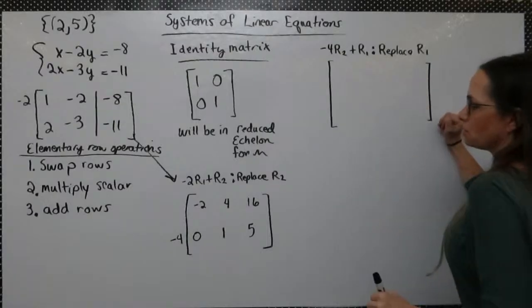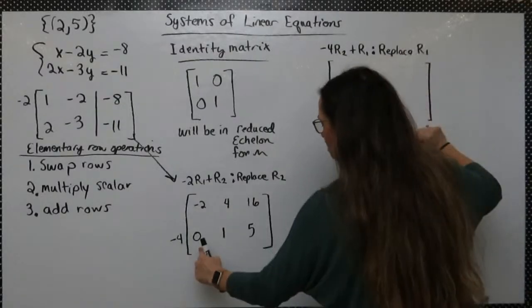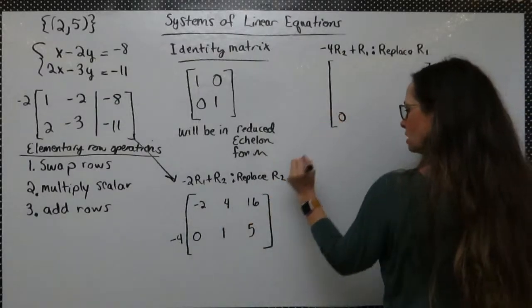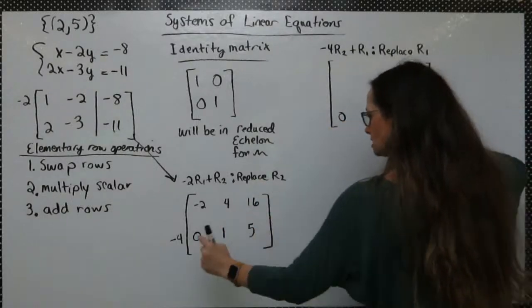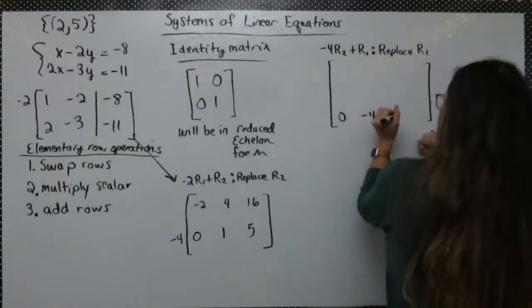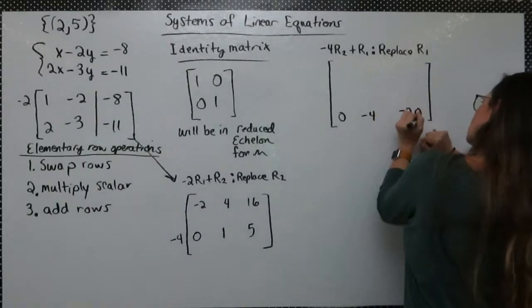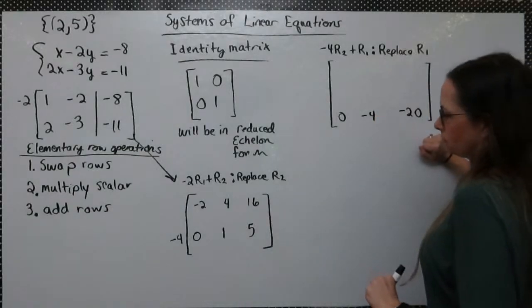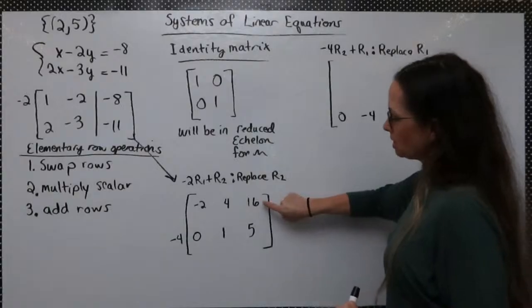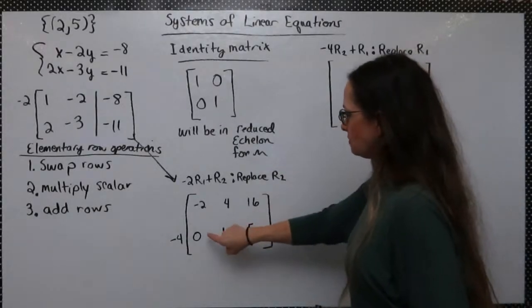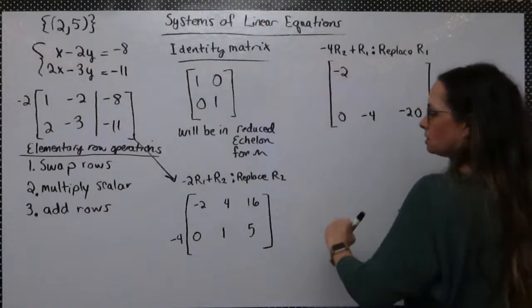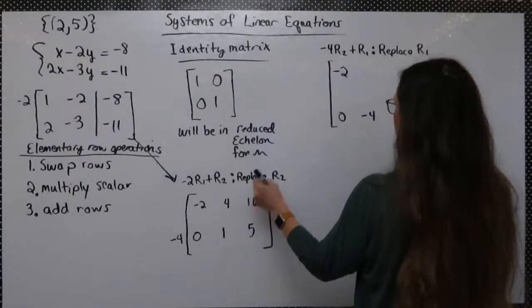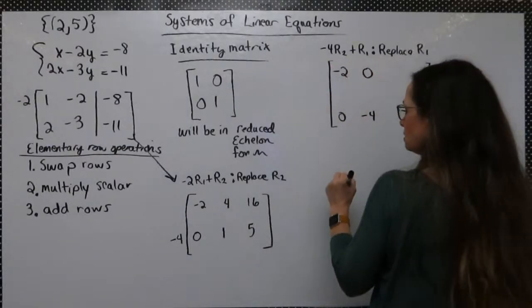I'll write that in here. All right, so we're going to say -4 times 0 is 0. -4 times 1 is -4. And -4 times 5 is -20. And then we're going to add to row 1 and replace. So we have 0 minus 2 is -2. -4 plus 4 is 0, which is what we wanted.